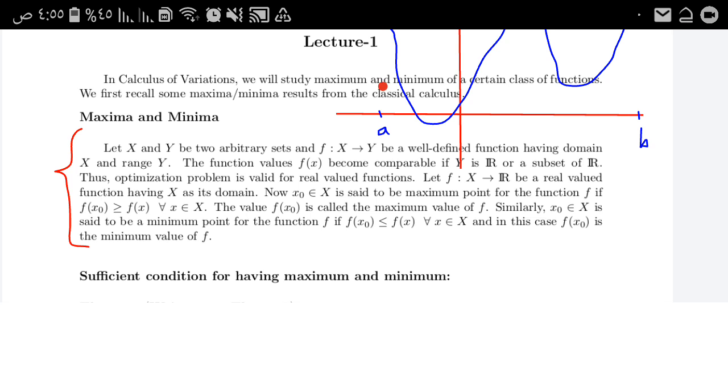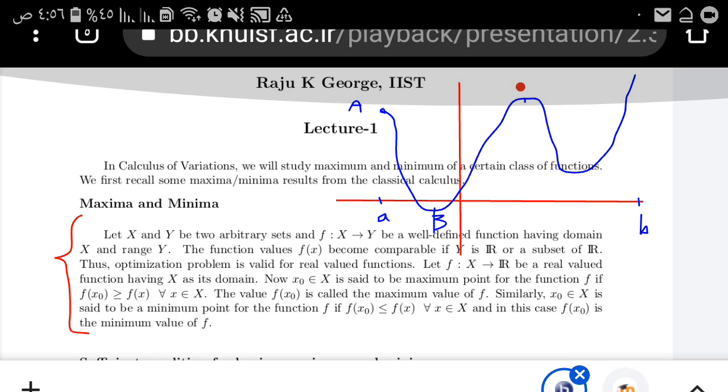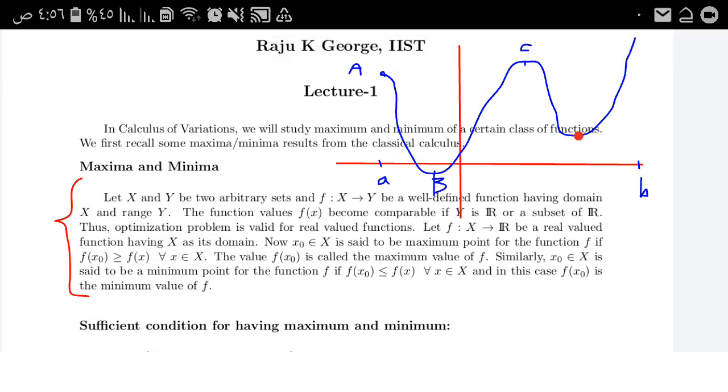Let this point be A. This point is B, C, D and E. Try to answer my questions.